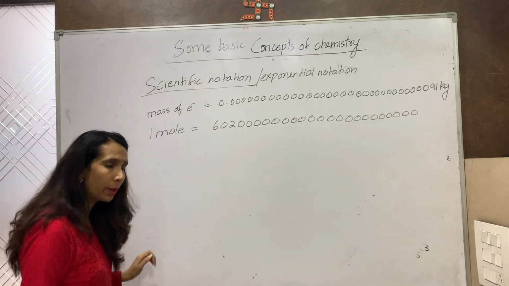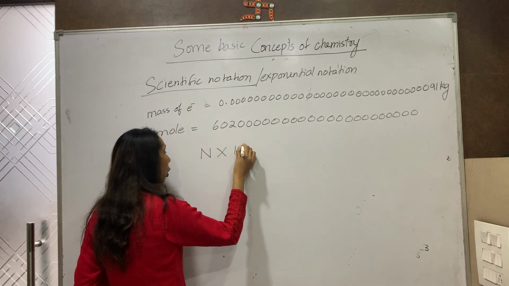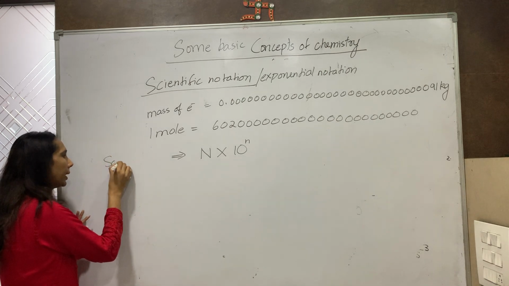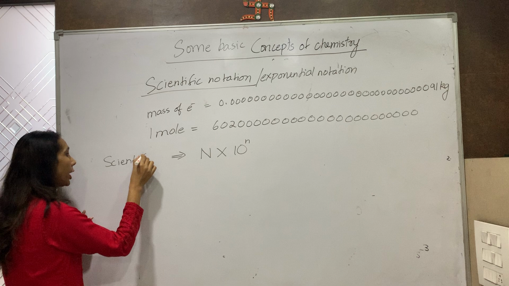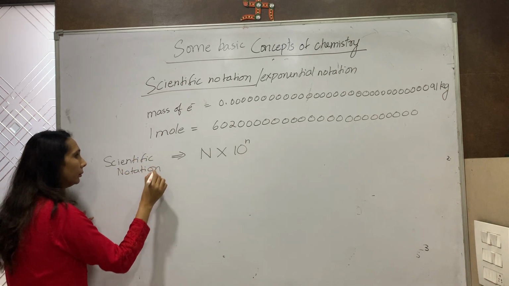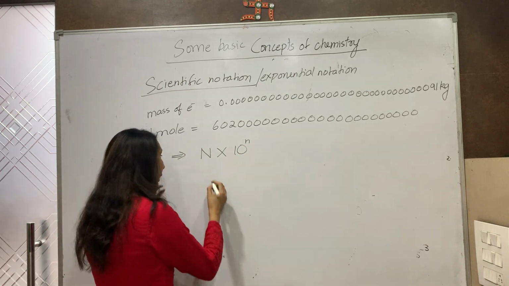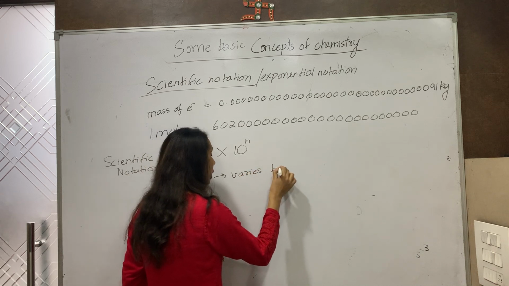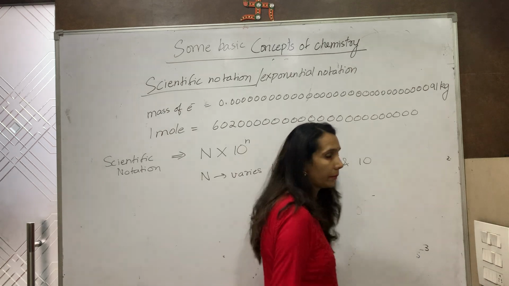What is scientific notation? Representing a number in this form is called scientific notation. When you are representing the number in this form, N into 10 to the power n, where capital N varies between 1 and 10.